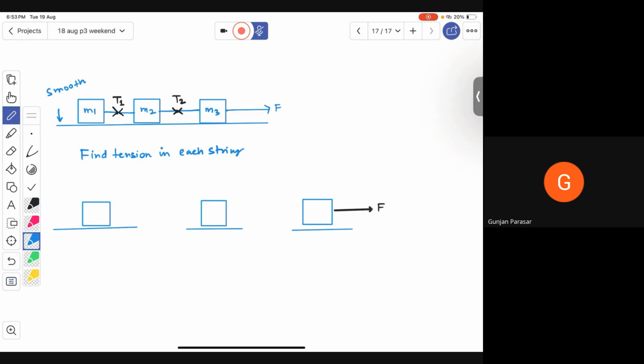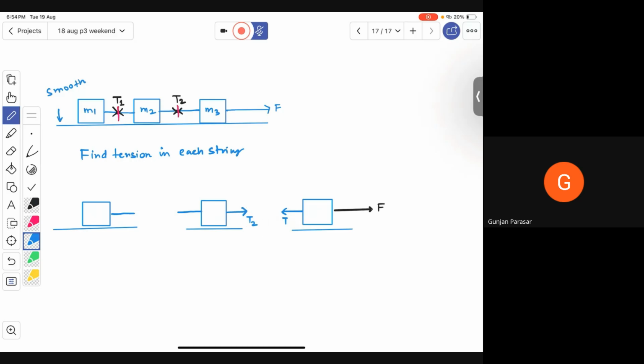Suppose I disconnect M1 from here and M2 and M3 from here, then whatever part of the string remains attached with M1 and M2 and M3, how will tension act at those points? The tension at any point in this string will be the same because it is an ideal string. Suppose that is T2. And then I'm splitting it from here. See two arrows. One arrow will remain with this one, correct? The other arrow will remain with the other.